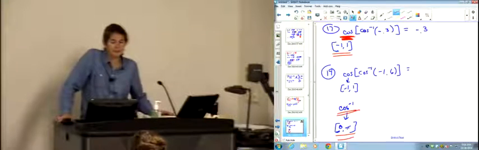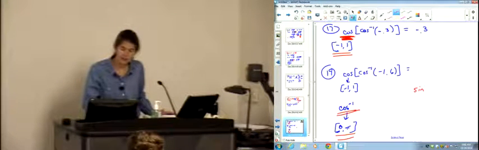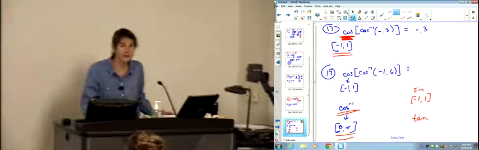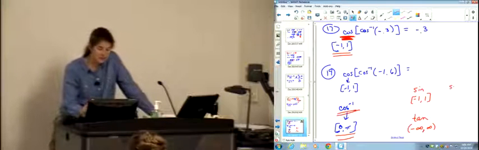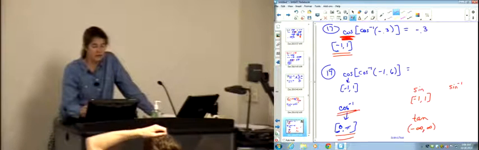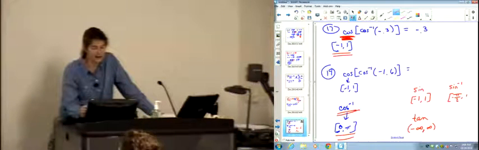If we have sine on the outside, it's going to go from -1 to 1 also. And tangent, if we have it on the outside, is going to go from negative infinity to infinity. But if we have inverse sine, then we're looking from -pi halves to +pi halves.